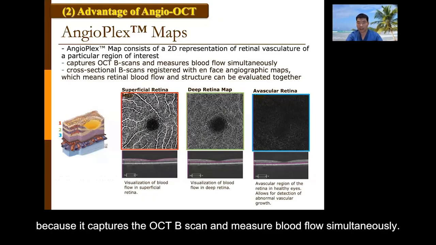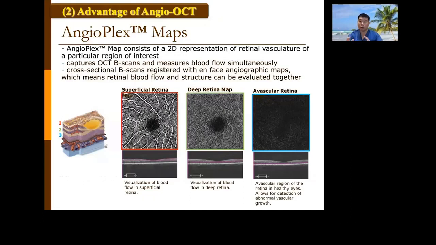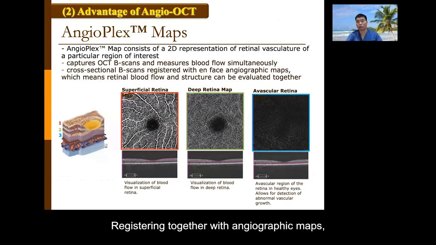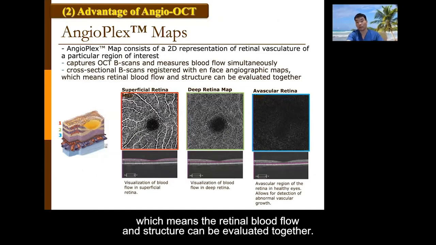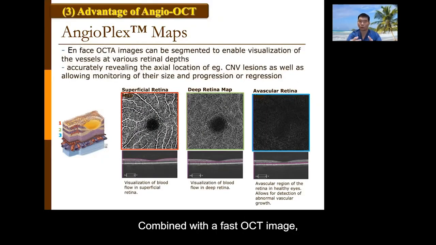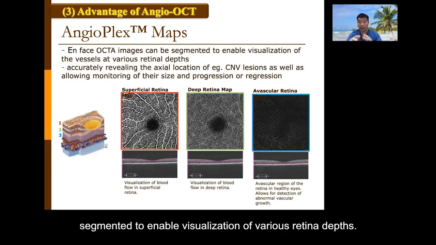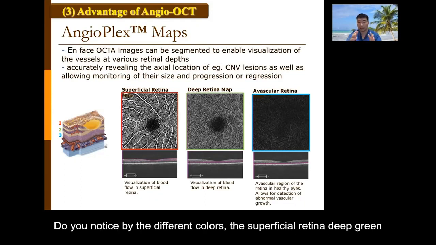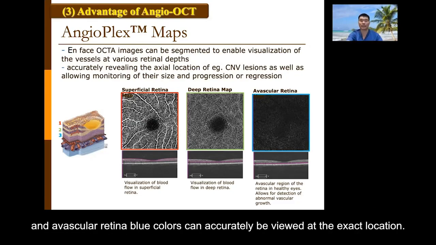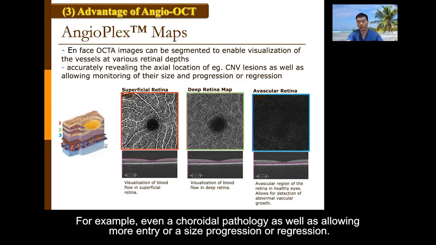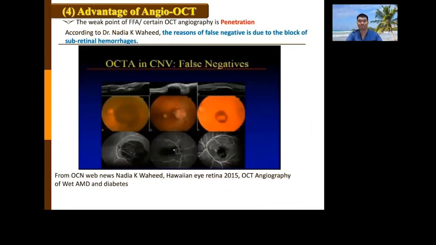Because it captures the B scan and measures the blood flow simultaneously, registering together with the en face angiographic map, the retinal blood flow and structure can be evaluated together, combined with the en face OCT image segmented to enable visualization at the various retinal depths, denoted by the different colors: the superficial in red, deep in green, and avascular in blue. Here it can accurately reveal the exit location, for example, even of a choroidal pathology, as well as allowing monitoring of the size, progression, or regression.